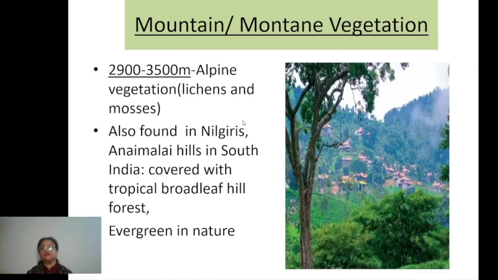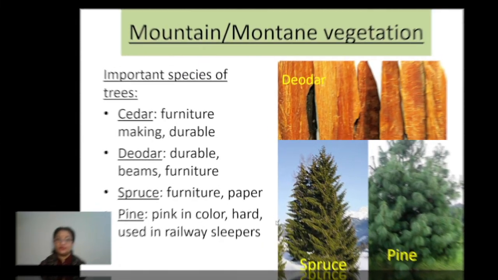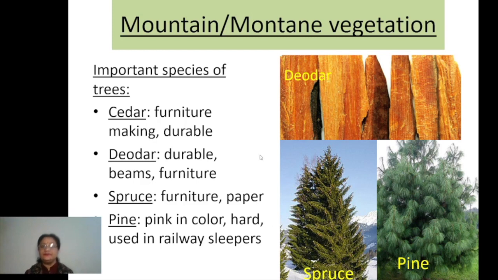Now come to the regions where this type of vegetation can be seen, right? Here you can see the Nilgiris, Anaimalai hills, the important regions of the Himalayan region, right? Northeastern hills, right? Purvanchal hills. There we find this whenever we reach a particular height.